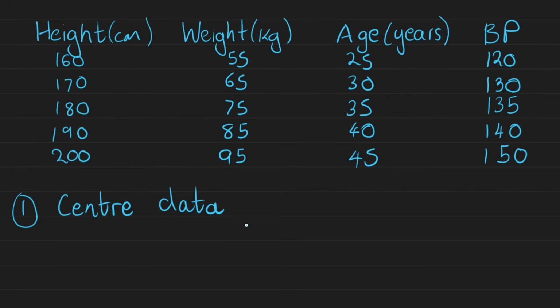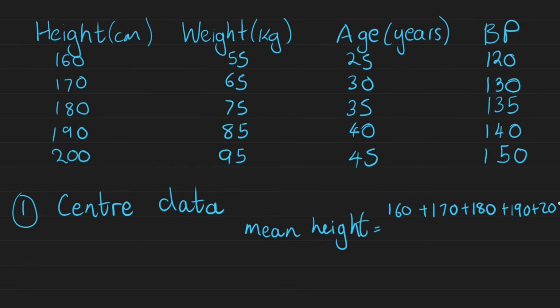So the mean height will be the sum of the column divided by 5. So it will be 160 plus 170 plus 180 plus 190 plus 200. Then this is divided by 5. And this gives us 180.